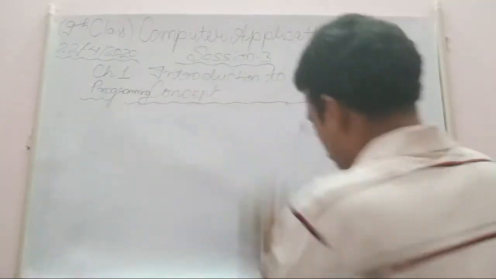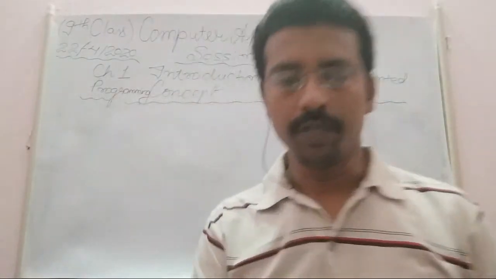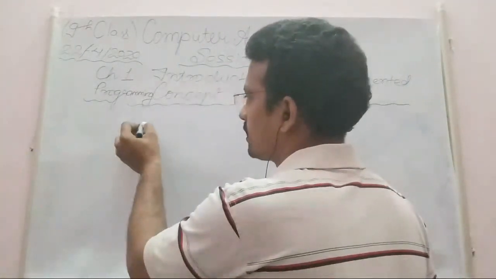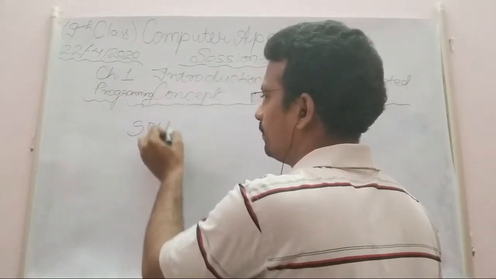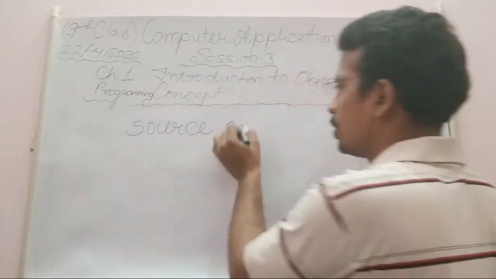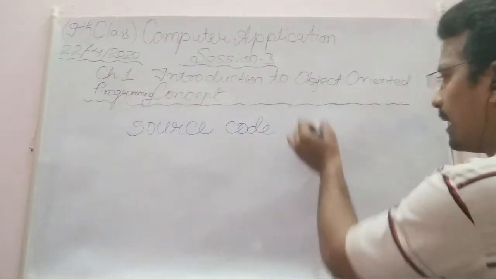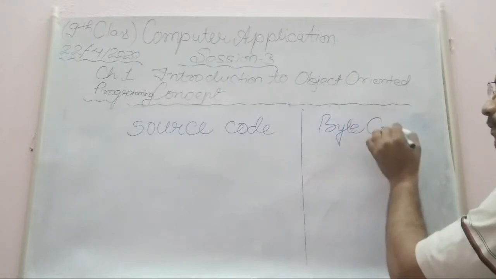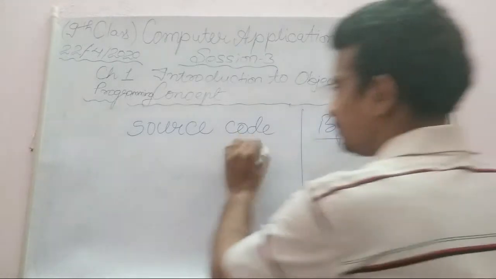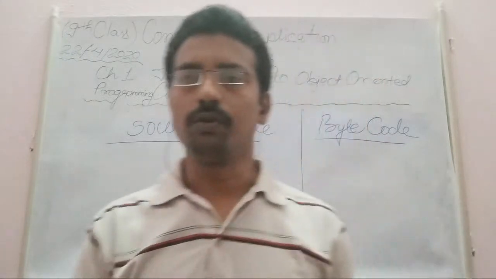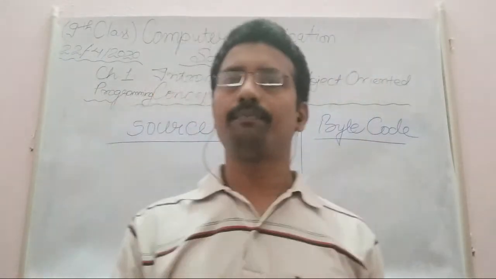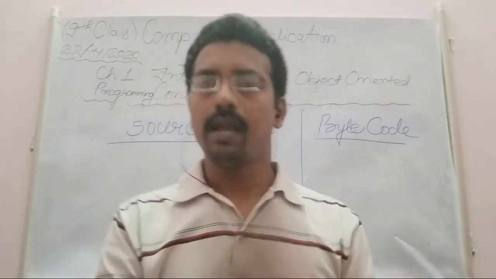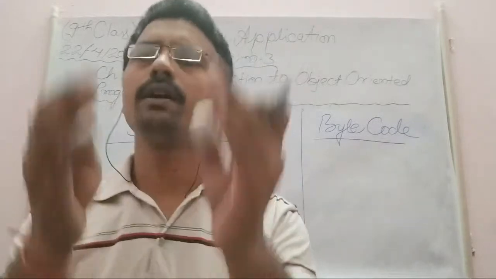Next, a few more terms are there before going to further topics. The first term is source code, and the second is byte code. Source code is the program that as a programmer you write, I write, or any programmer writes.